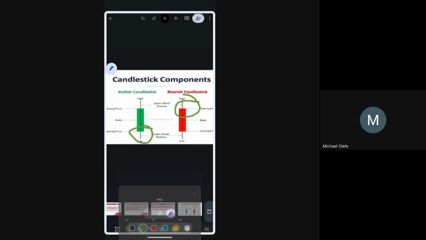And number three difference is that the closing price for a bullish candle is above, while the closing price for a bearish candle is right here below. Closing price is below. That's number three. And I think those are just the basic three differences that differentiate a bullish candle from a bearish candle.